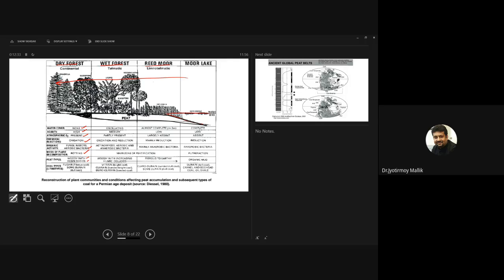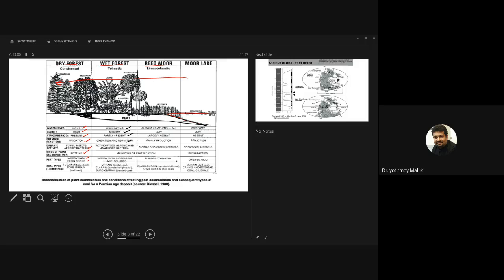Okay, so water cover is oscillating, acidity is medium, atmospheric oxygen is partly present. Chemical reactions are both oxidation and reduction. Organic activity, we have both aerobic and anaerobic bacteria here, and this is the main zone of petrification.